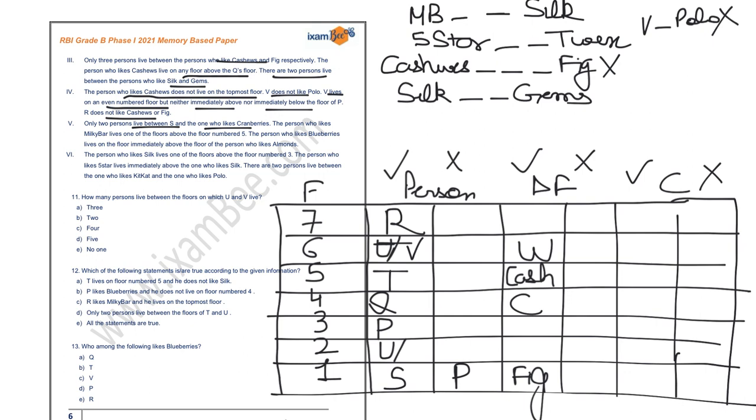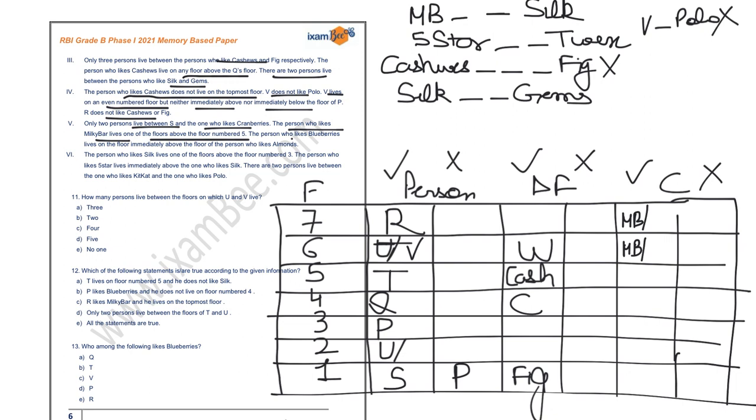Right? Now it is given the person who likes Milky Bar lives one floor above floor number 5. So there are two options for Milky Bar, that is floor number 6 or floor number 7, but we are not sure as of now, right?